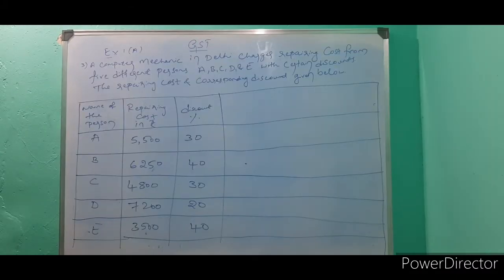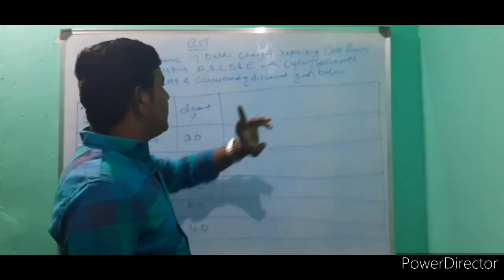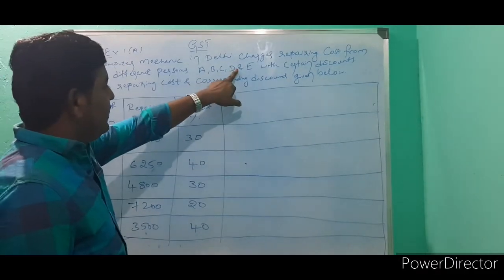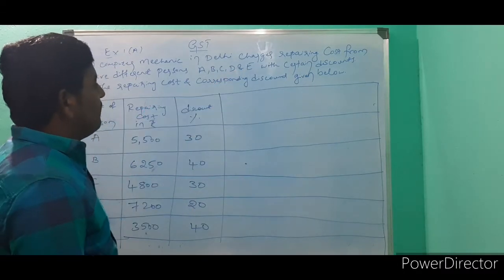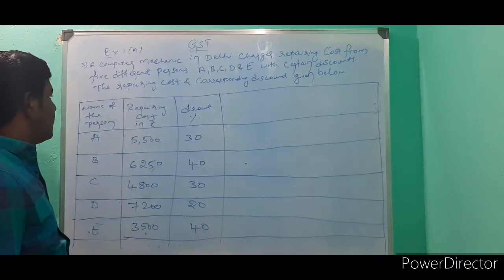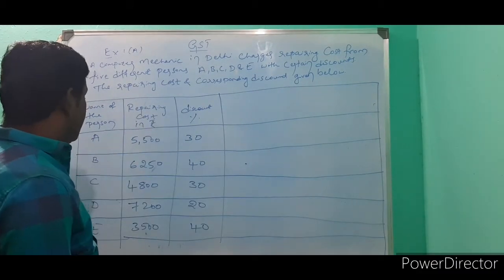Yes. Third problem. A computer mechanic in Delhi charges repairing cost from 5 different persons A, B, C, D and E, with certain discounts given. The repairing cost and corresponding discount are given below.